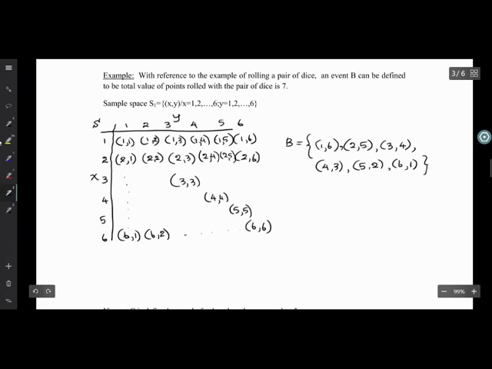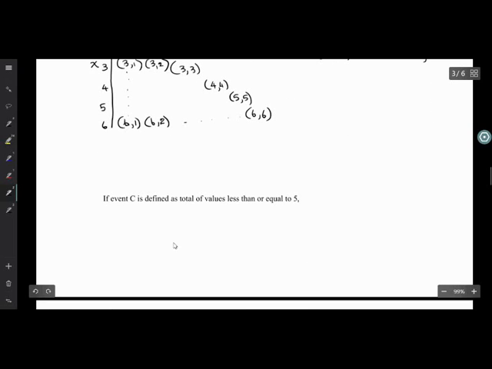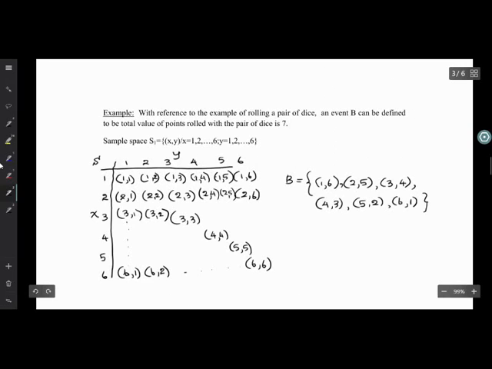If you look at these pairs, you can see that 1 and 1, 2 is less than 5, 1 plus 2, 3 is less than 5, and 1 plus 4, that is 5. So our event C is the points where the total is less than or equal to 5. So you will end up with the points in this area. So this will be your event C.